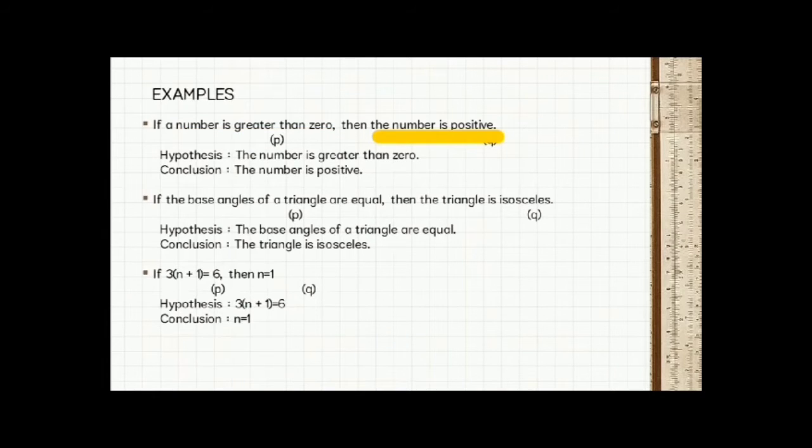number is positive. The next example is, if the base angles of a triangle are equal, then the triangle is isosceles. The hypothesis or the P in the statement is, the base angles of a triangle are equal, while the conclusion or the Q is, the triangle is isosceles.